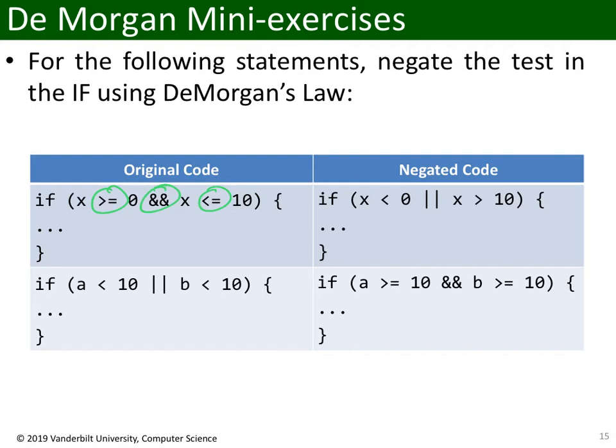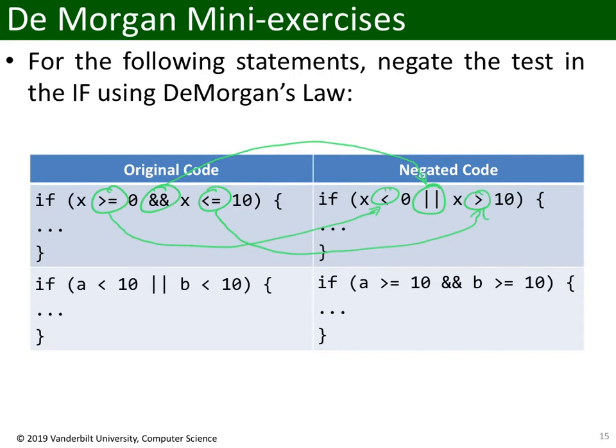We will change the conjunction first. And becomes or. Greater than or equal to becomes less than. And less than or equal to becomes greater than. You should be getting the pattern now.